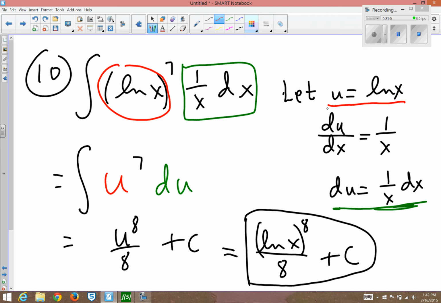So here are some rules. u has to equal something that's over here. du always comes from u, and whatever du is has to also be here. But a number can be missing. If a number is missing, you can make the number appear with your magic chalk.